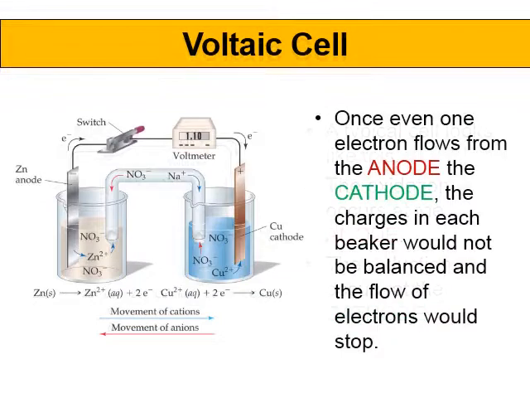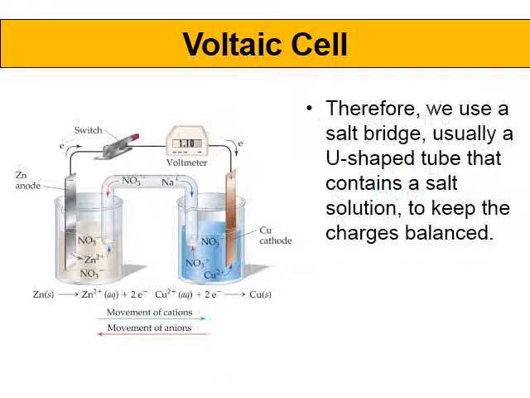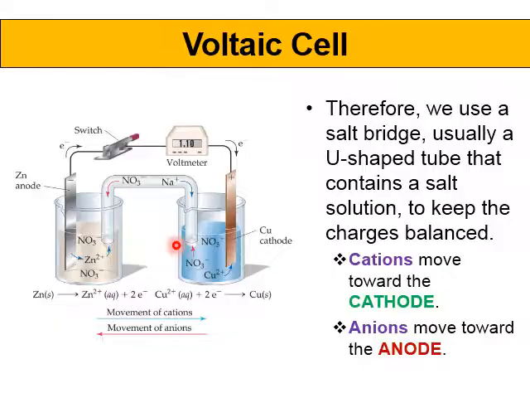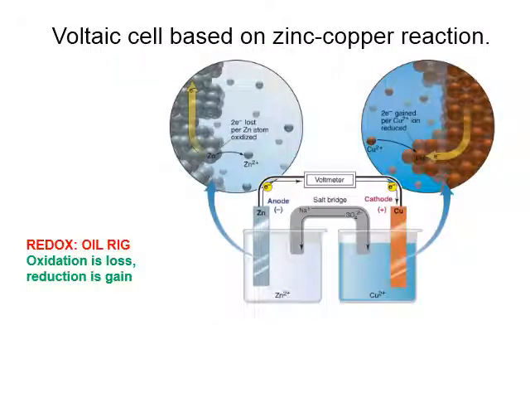Next, we use a salt bridge, usually in a U shape. It contains salt solution to keep the charge balanced. So cations move from the anode to the cathode, and anions move from the cathode to the anode. This is what happens in the zinc copper reaction.